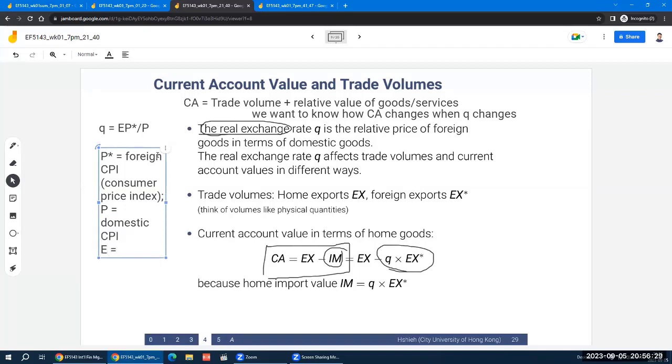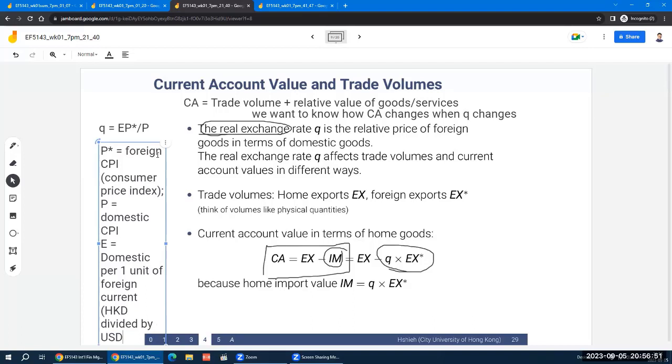And E, I will always define, and I'll reiterate this next week, it's not important today, as domestic per 1 unit of foreign currency. An example would be HKD divided by USD.